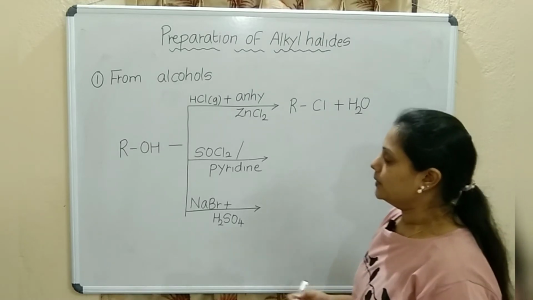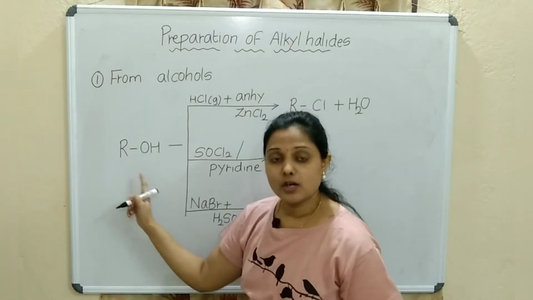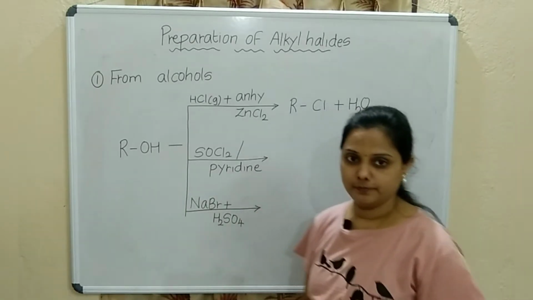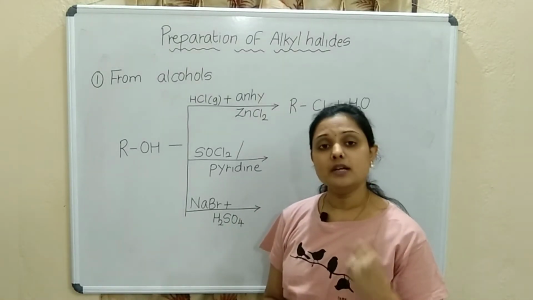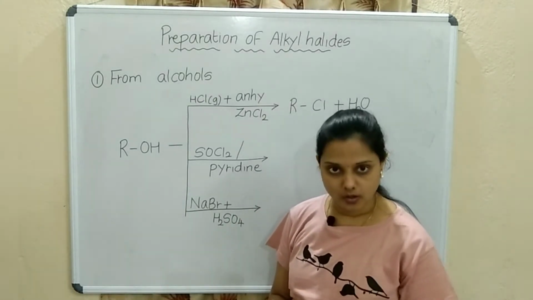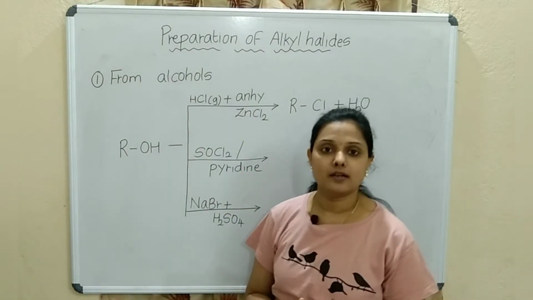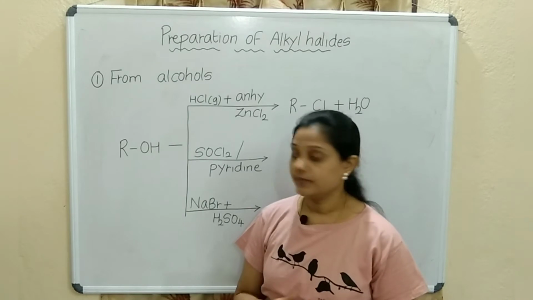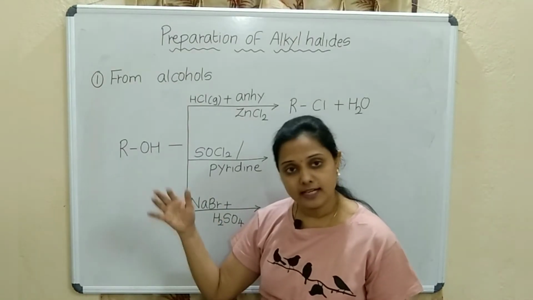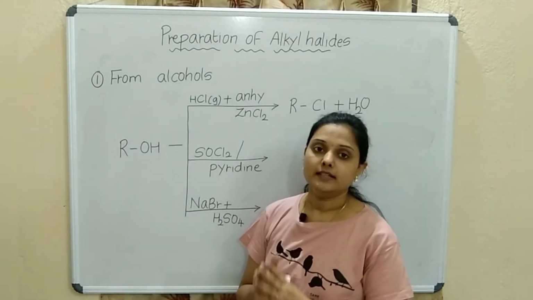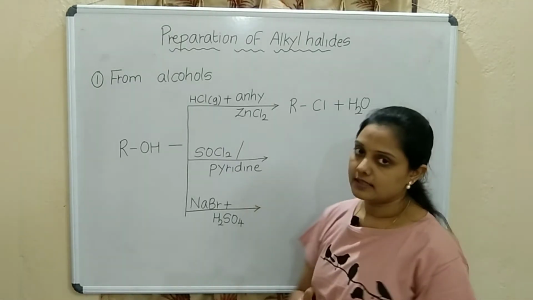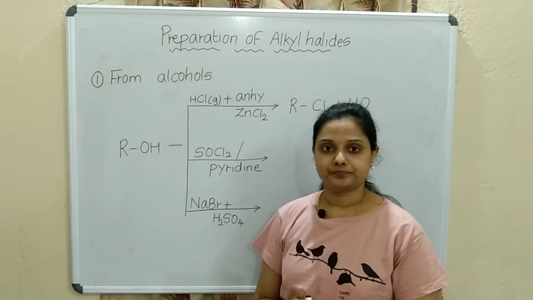Now if it is a primary or secondary type of alcohol, then the catalyst anhydrous zinc chloride is needed. If it is a tertiary type of alcohol, then the catalyst is not required.